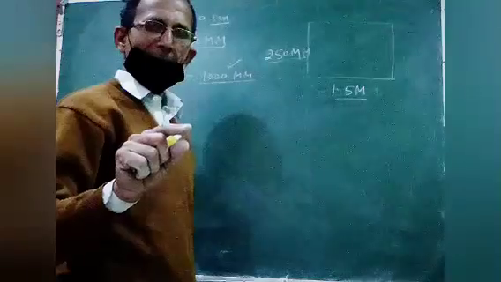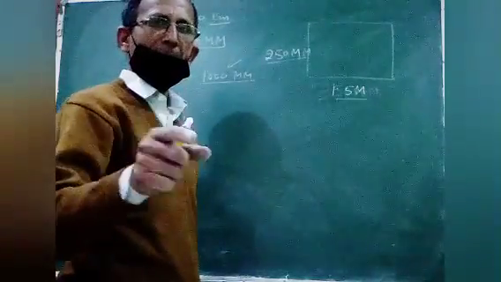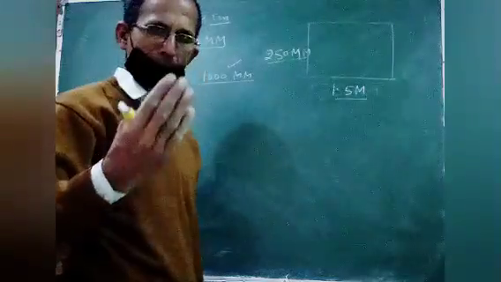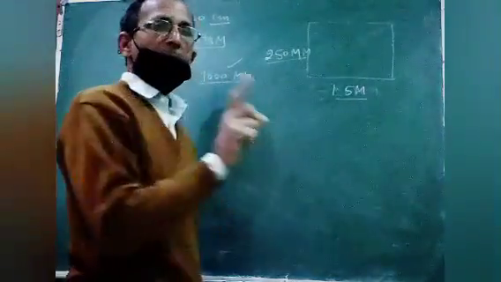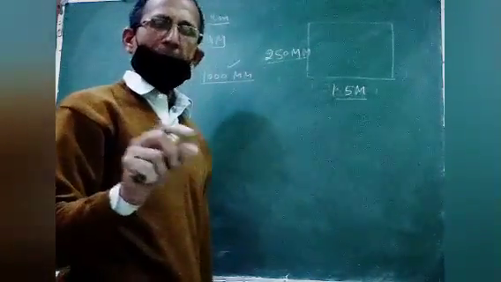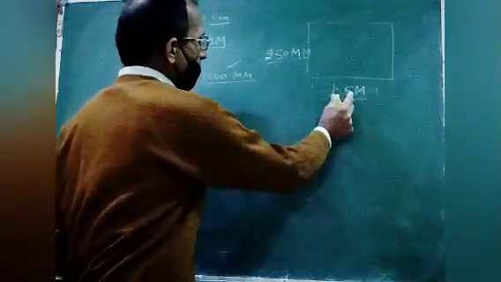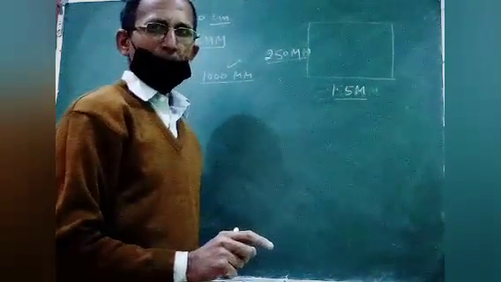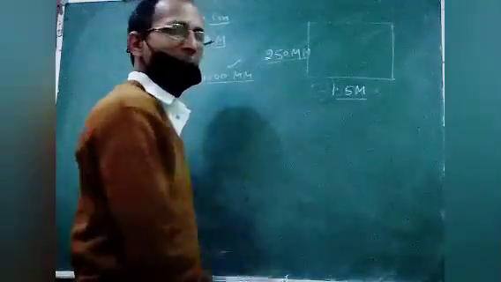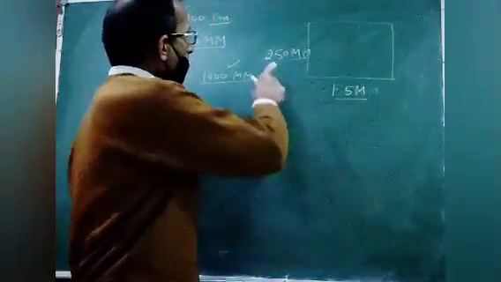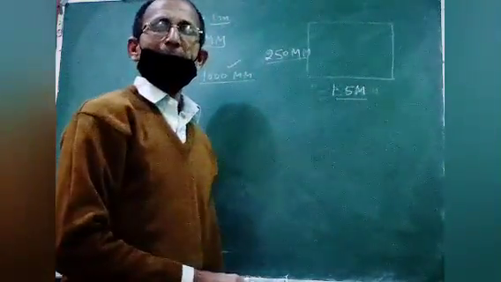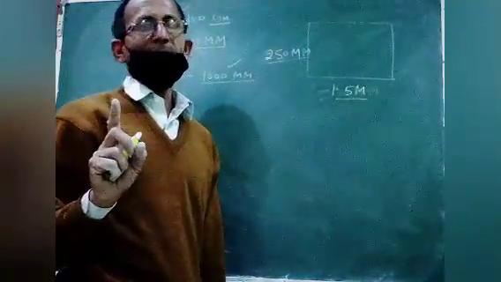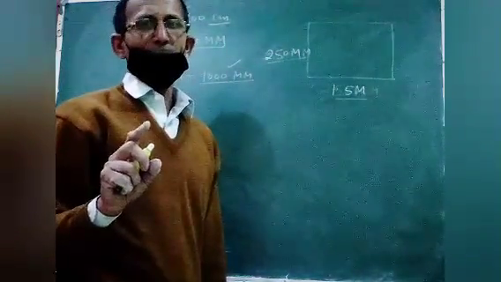If you are converting meter into millimeter, then multiply by 1000. For converting into a smaller unit, we multiply, and for converting into a bigger unit, we divide. So if you want to convert 1.5 meter into millimeter, multiply by 1000. Or if you want to convert millimeter into meter, divide by 1000. I think you have understood what I am telling you.